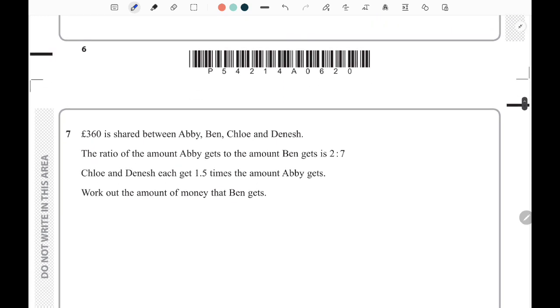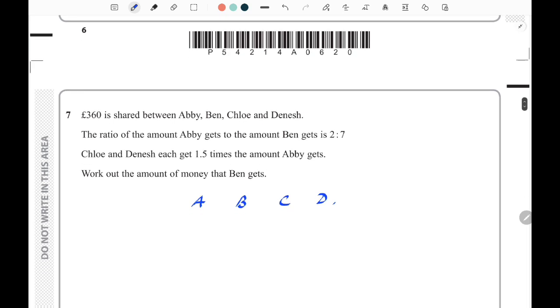Right, number 7. We have £360 shared between Abby, Ben, Chloe, and Dinesh. So A, B, C, D. And then we have the ratio of Abby to Ben. So A to B is 2 to 7. And then it tells us that Chloe and Dinesh each get 1.5 times the amount Abby gets.